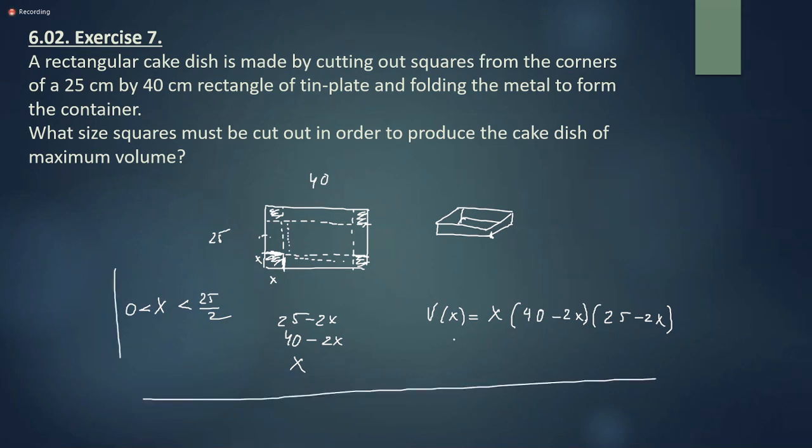Of course, you simplify this, then you find the derivative. You also look at the possible domain. You find the maximum point. In fact, you would have 2 critical points because it's a cubic function. The derivative is a quadratic function, and you would have 2 critical points. Only one of them is good, and you have to decide about this.